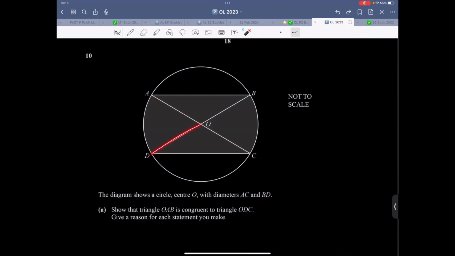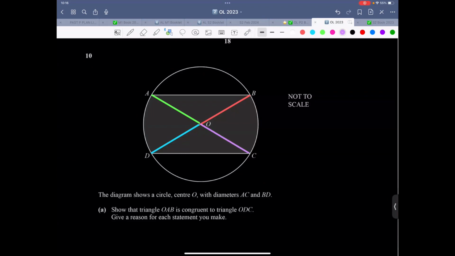That means OD is the radius, OB is the radius. So let me mark this thing in 4 different colors so that things are very obvious. This is one color. And then we have this thing, the blue color. And then we have this thing in the green color. And then we have this thing that is the purple color.